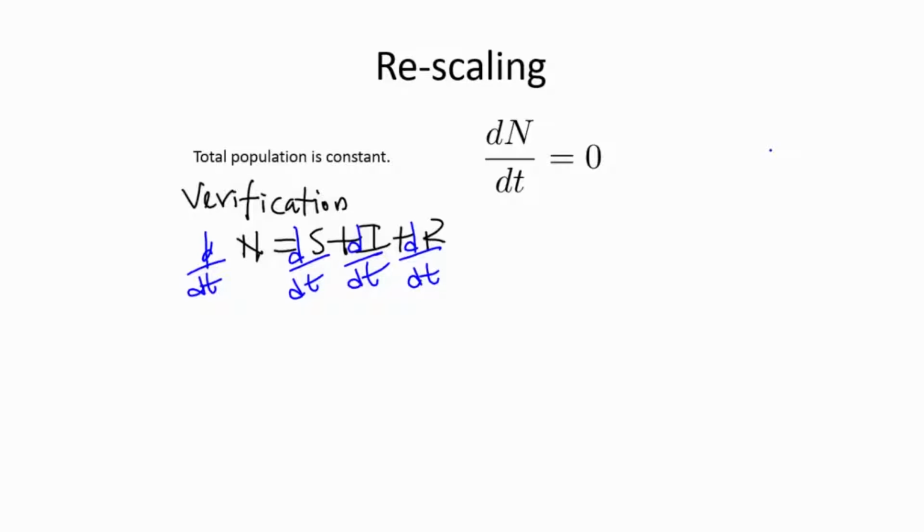And if we do this, if we take the derivative with respect to t, then we find that, I'm going to go back to the equations. I'm going to write the equations there for you.